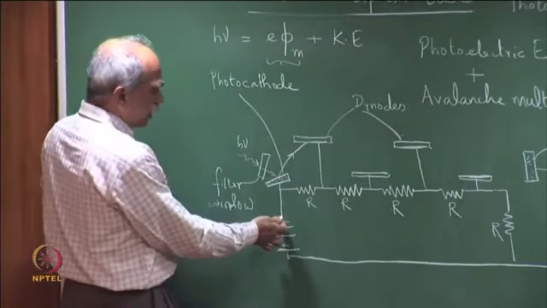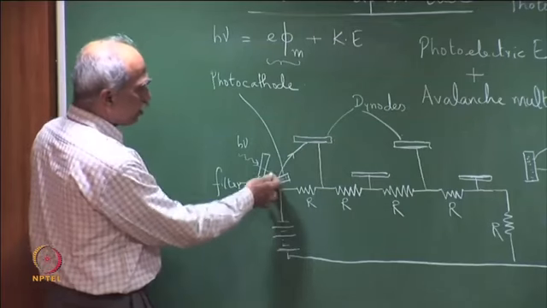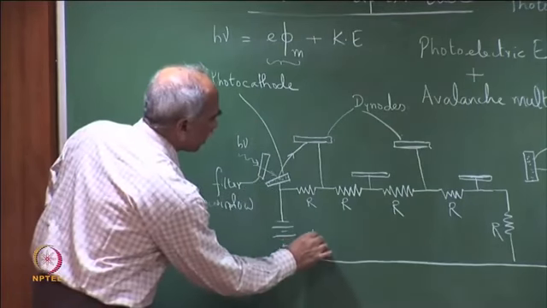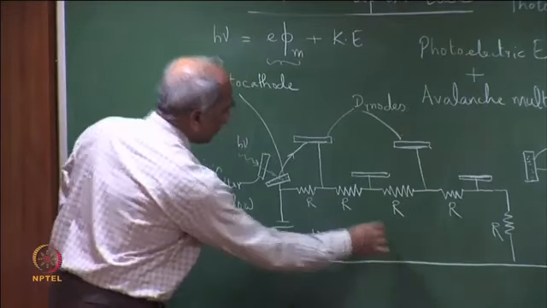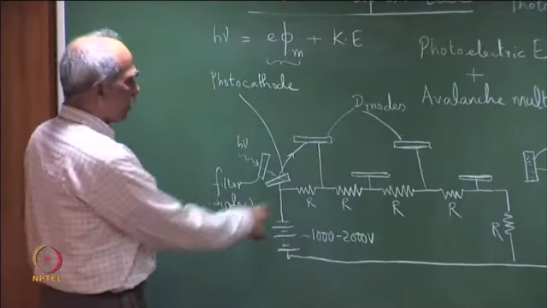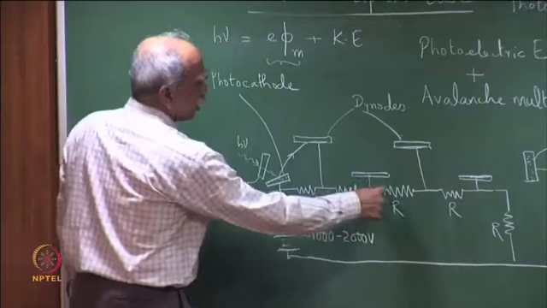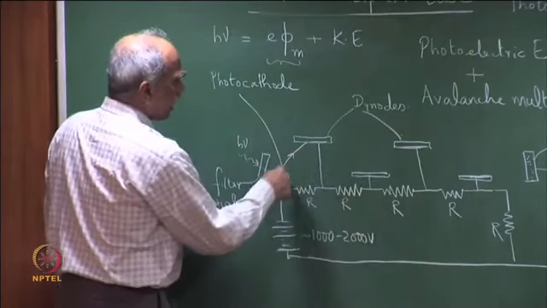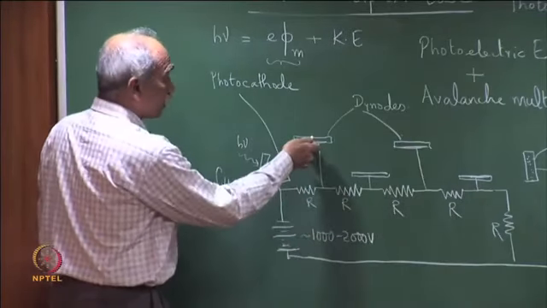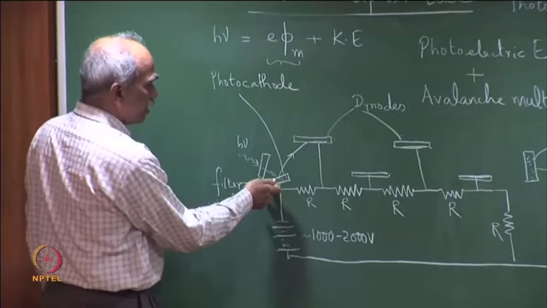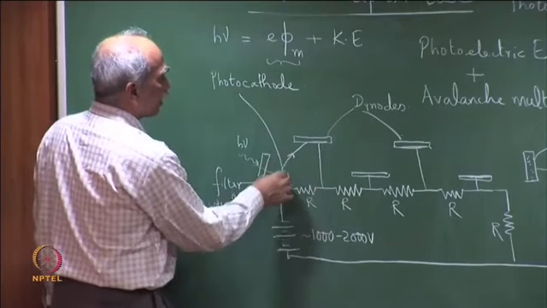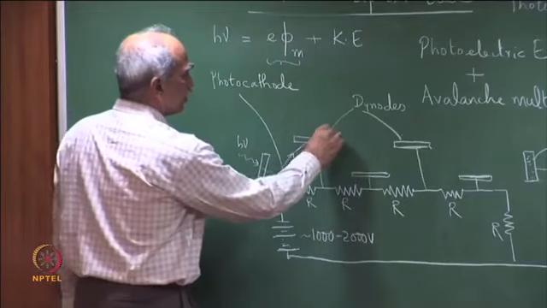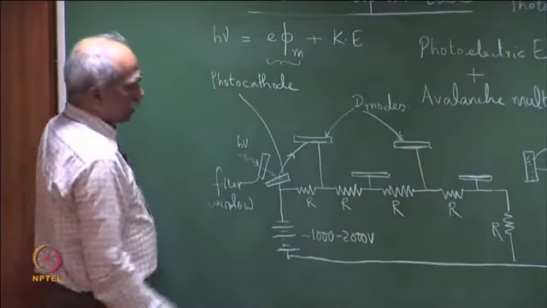Now, as we see here, the photocathode is at a high negative potential, typically 1000 to 2000 volts from a power supply, and the subsequent dynodes are at a lower or positive potential with respect to this, and therefore the electrons immediately get attracted towards the dynodes.